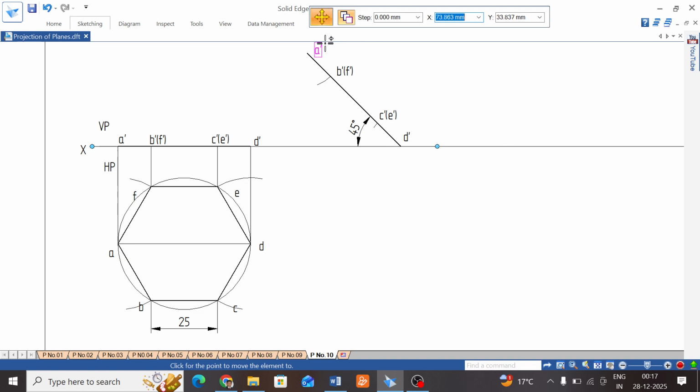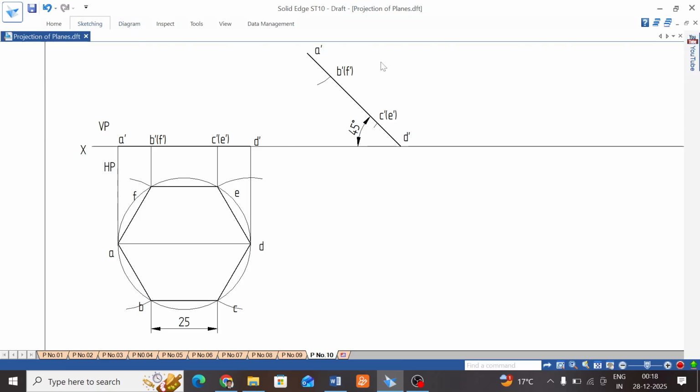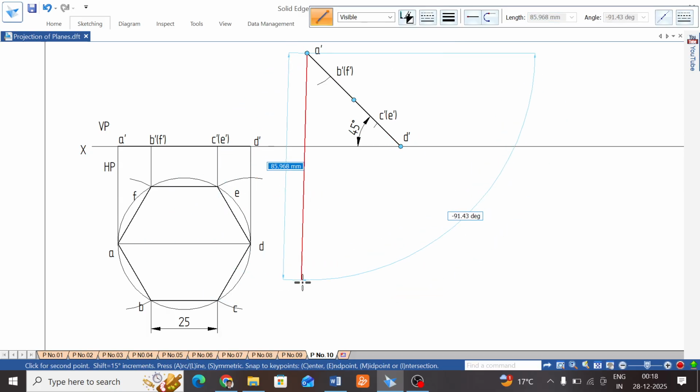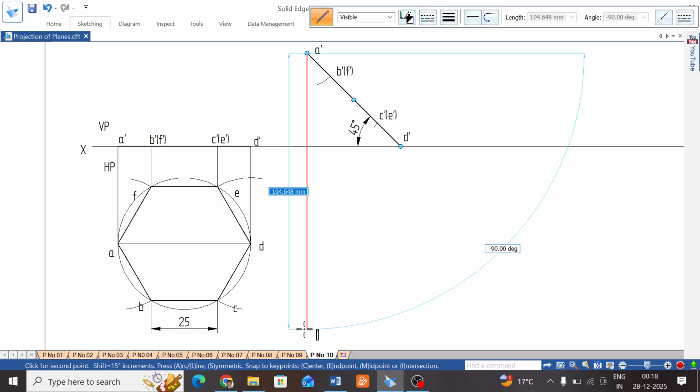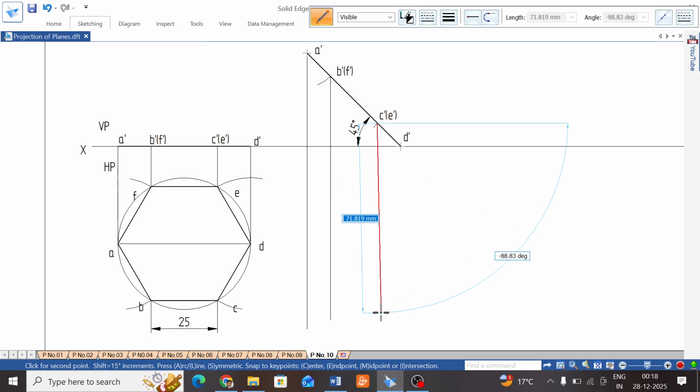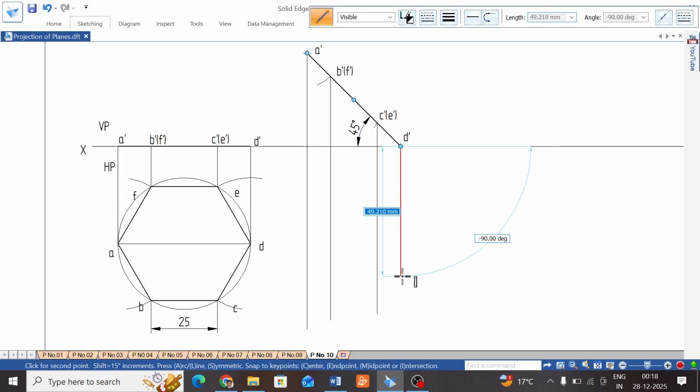Now project for the top view, downwards with thin lines. a dash and d dash on the same line, downwards, then next b dash and f dash, project it, and next c dash and e dash, and the last point is d dash.